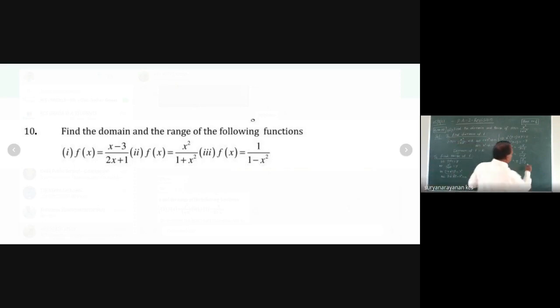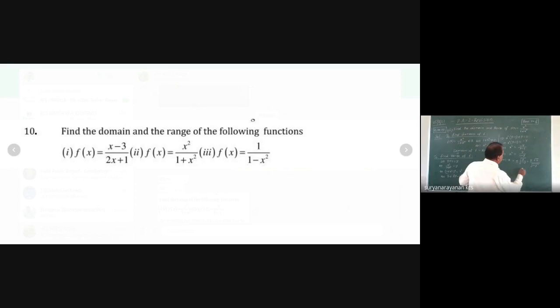Plus or minus root y by 1 minus y, it should be greater than or equal to 0, because under the square root it should be a positive real number. For negative real numbers we cannot find the square root.